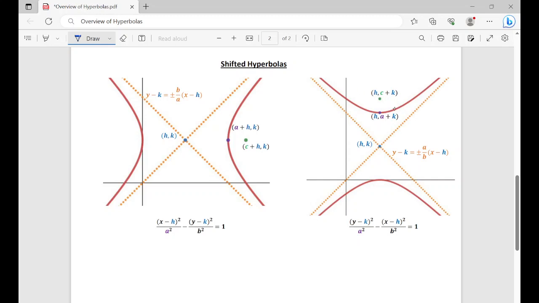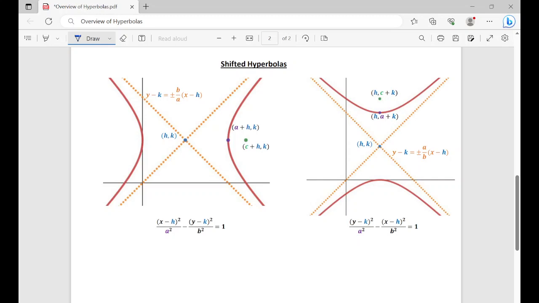Same thing with the hyperbola in this form. The equation is y minus k all squared over a squared minus x minus h all squared over b squared equals 1. Again, find your h and k. Again, h is going to be attached to x, k is going to be attached to y, so be careful with the order. And that will give you the center.